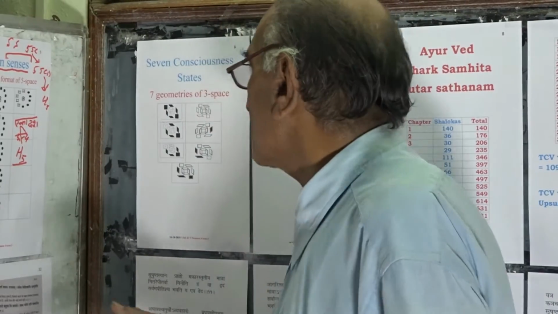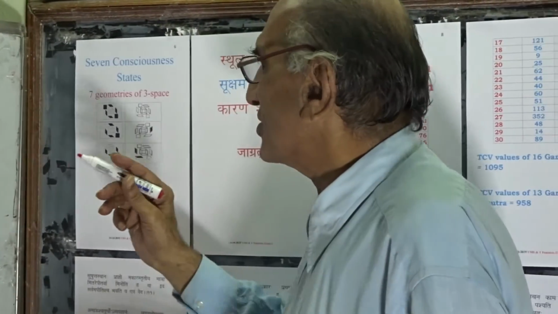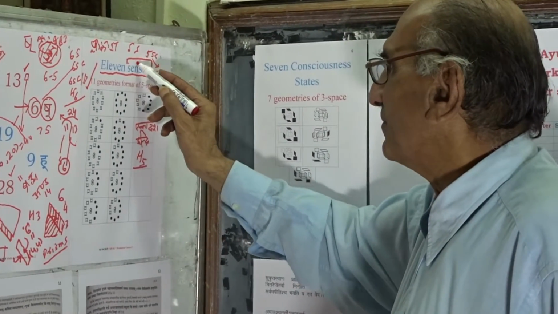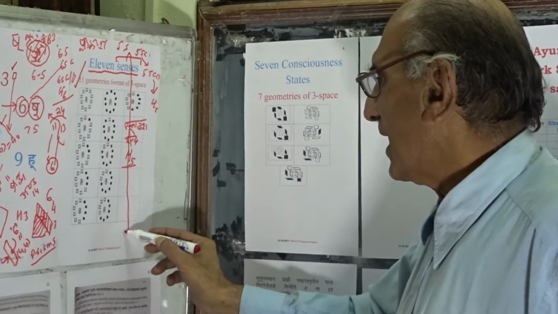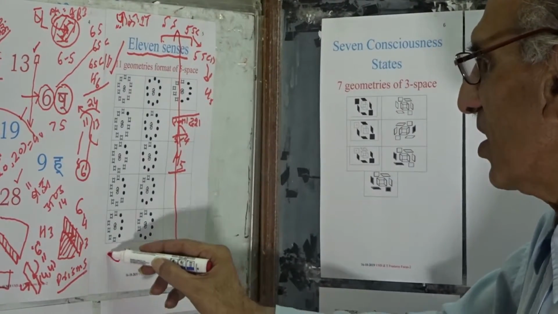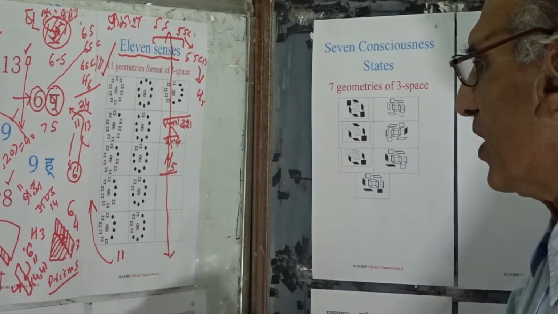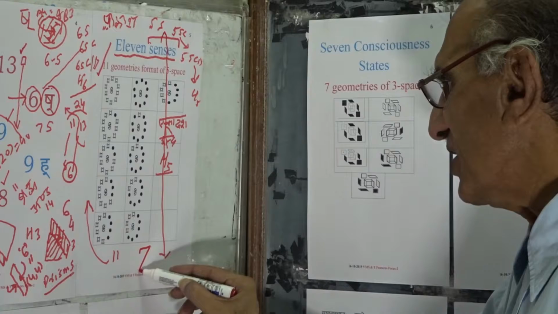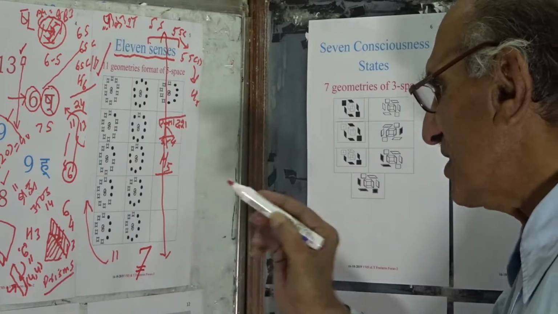A step ahead, we have to reach the consciousness state. Once we are at the senses level, which is 11 senses, and these 11 senses are of these concrete geometric formats, then we will be reaching the 7 Chetana Star, the consciousness state.